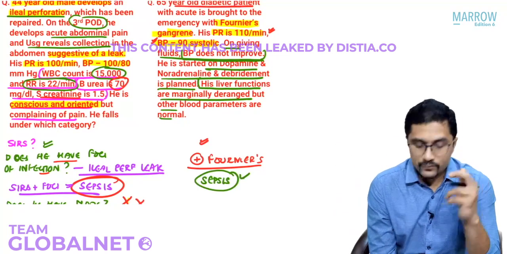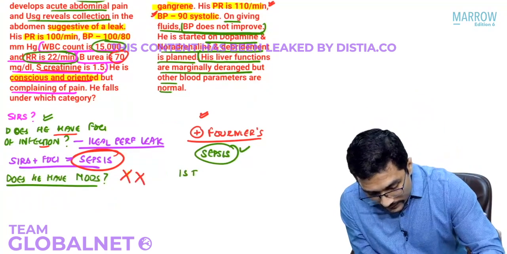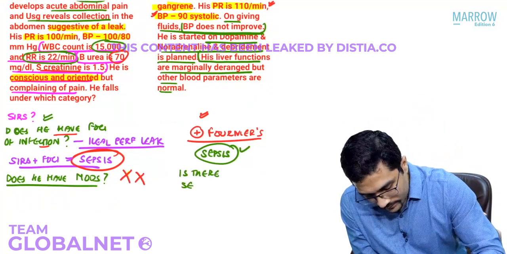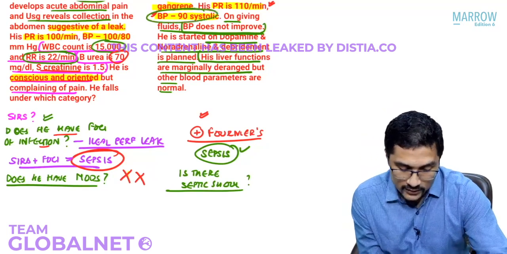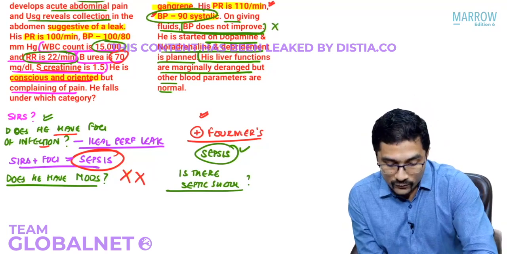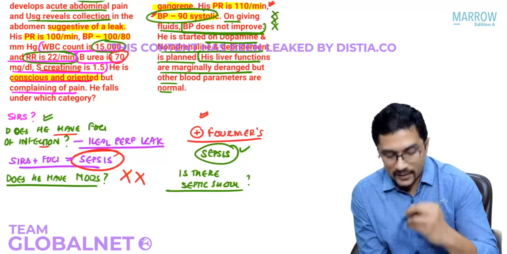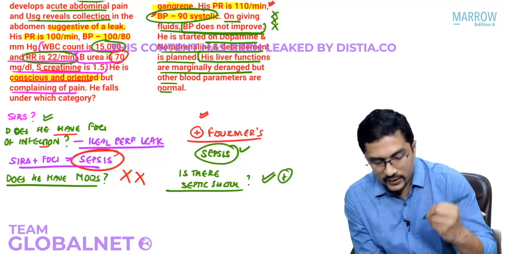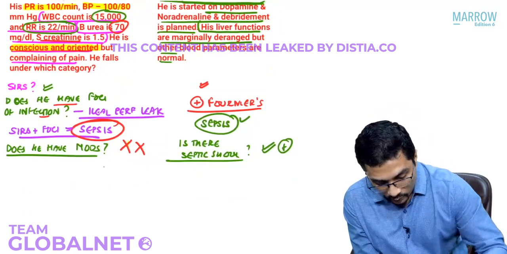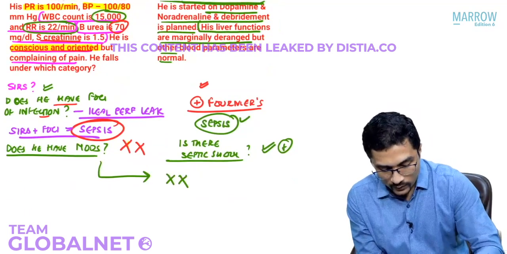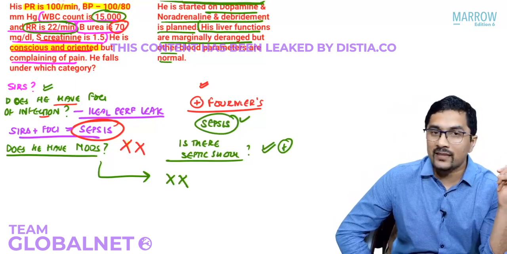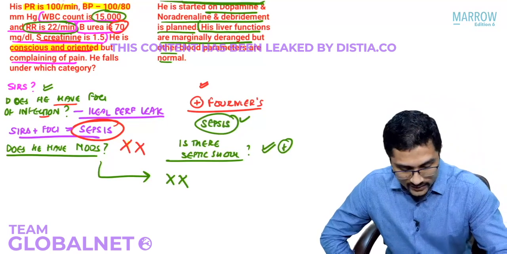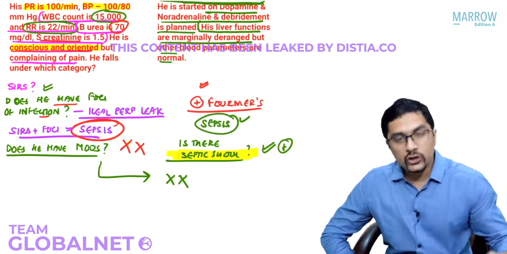This much also we know. Is there septic shock? Well, there is hypotension and it does not improve with fluids. So, yes, there is septic shock in this patient. Is there MODS? No, there is no MODS because only his liver functions are deranged, rest of the parameters are normal. So, here the answer is going to be septic shock.